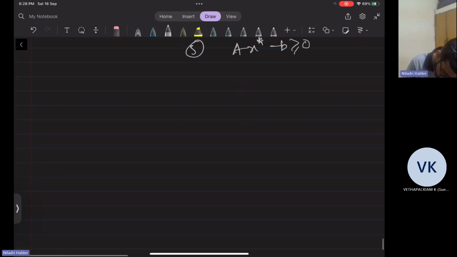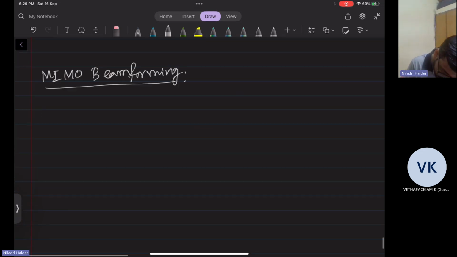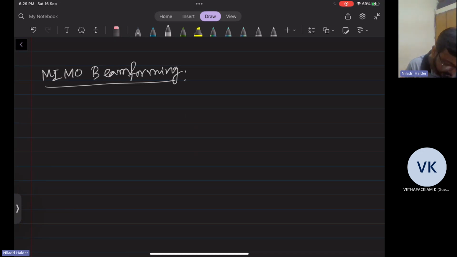Now, MIMO beamforming. So multiple antennas. Transmitting antennas are multiple, and there are many receiving antennas also. Suppose this is the transmission side, this is the receiver side.